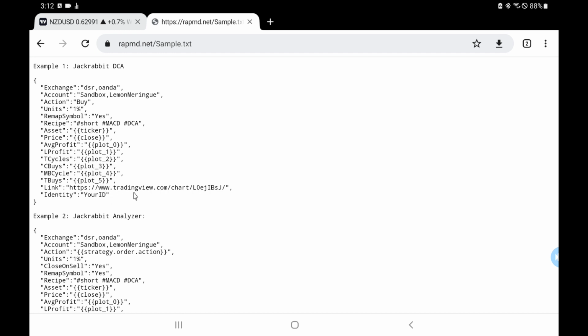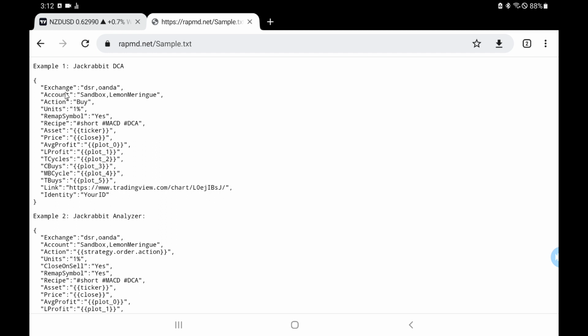And of course, this is just a link reference for your own situation based upon the logs produced, so that you can see exactly what is more profitable versus what is not profitable by actually getting the link to the chart itself. And everything revolves around your identity that you set up when you installed Jackrabbit Relay.